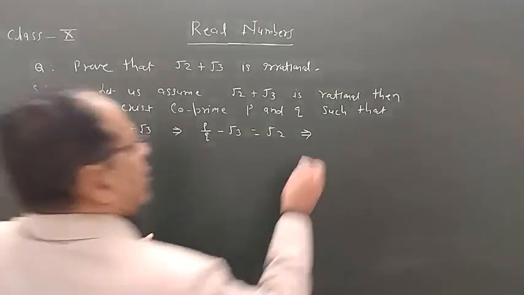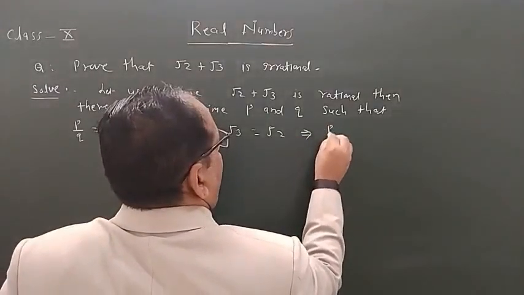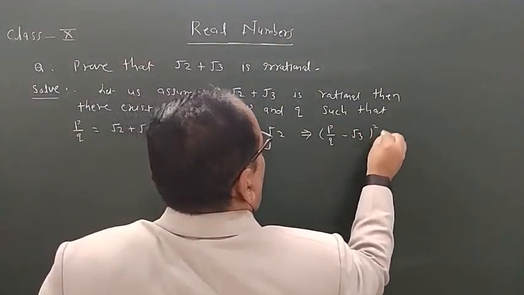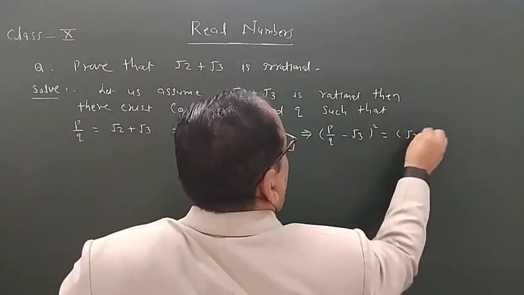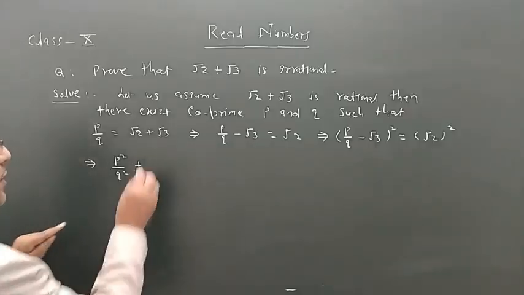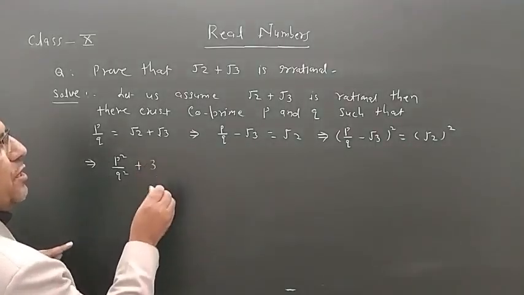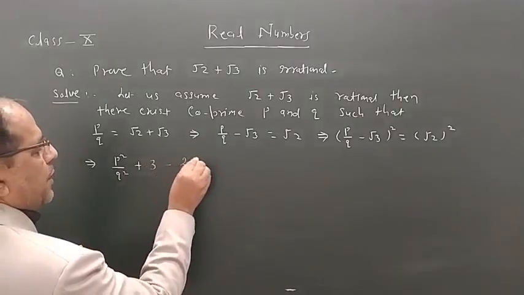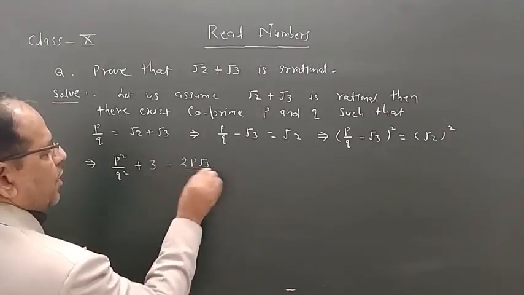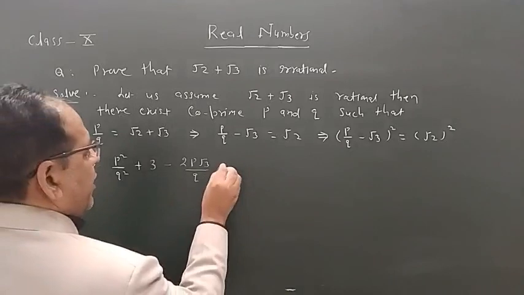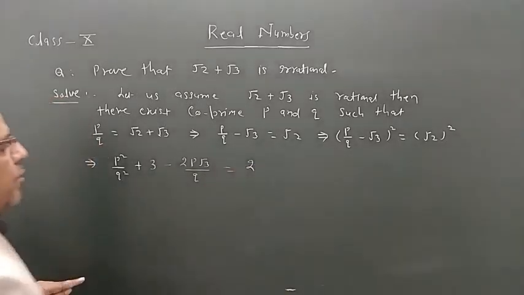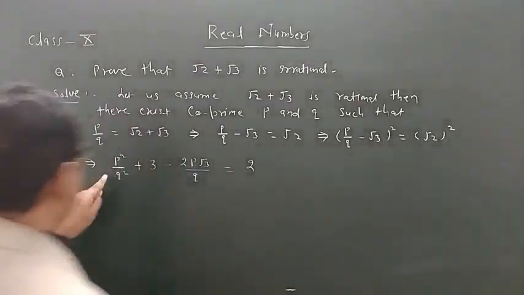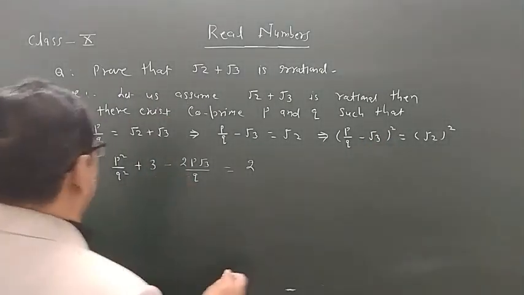So squaring both sides, we have (p upon q minus under root 3) whole square equals root 2 square, which gives p square upon q square plus 3 minus 2p under root 3 upon q equals 2. The whole square is opened by (a minus b) whole square, a square plus b square minus 2ab.